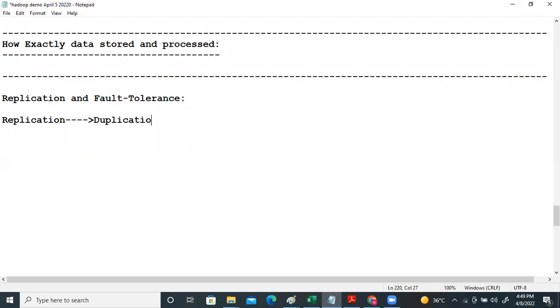The default number of replications is 3. Three times replicas of the master node data.